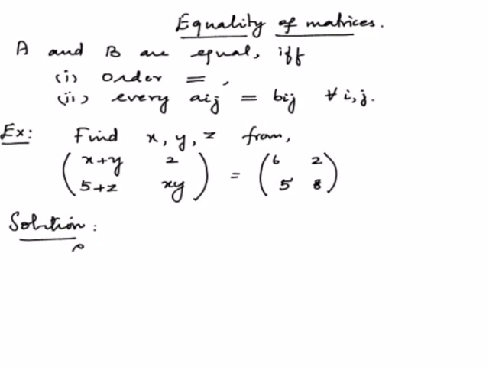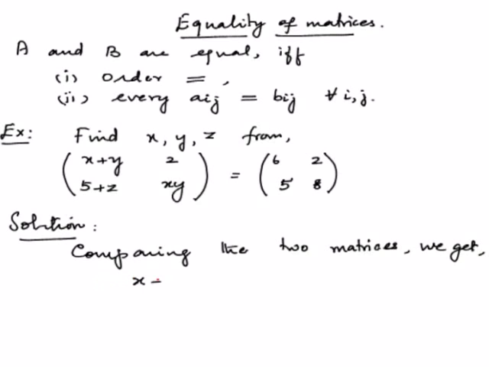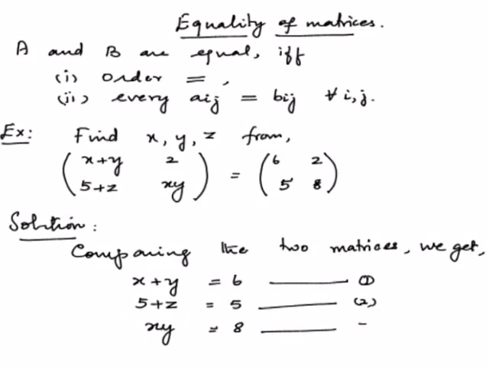Now, comparing the two matrices, we get x plus y is equal to 6, consider it as the first equation. 5 plus z is equal to 5, consider it as the second equation. xy is equal to 8, take it as the third equation.